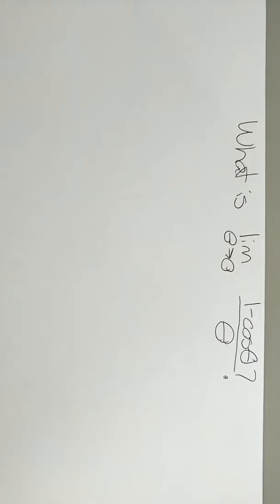In the tangent of theta over theta, I solved that partially using images, partially algebraically. And now in this video, the 1 minus cosine of theta over theta, I'm going to solve that entirely using algebra. So it's going to be a fun one.